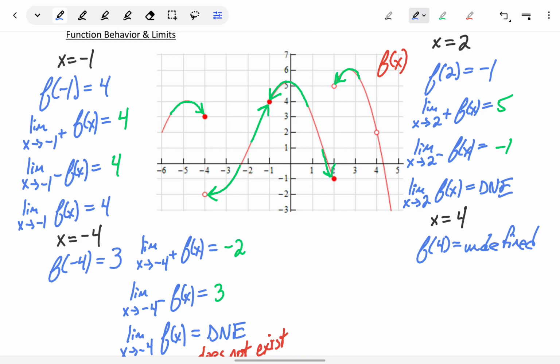Now we'll consider the one-sided limits at x equals 4. Approaching 4 from the right-hand side has us approaching a function value of 2.